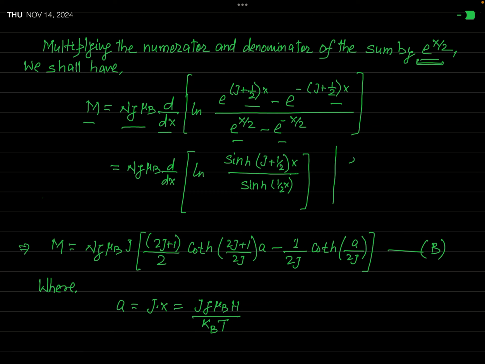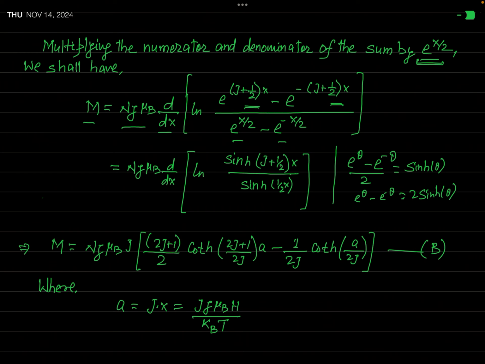But you know, e to the power theta minus e to the power minus theta divided by 2 is equal to what? This is sine hyperbolic theta. So e to the power theta minus e to the power minus theta is 2 sine hyperbolic theta. So using this formula, can you say what is e to the power (j plus half) x minus e to the power minus (j plus half) x?